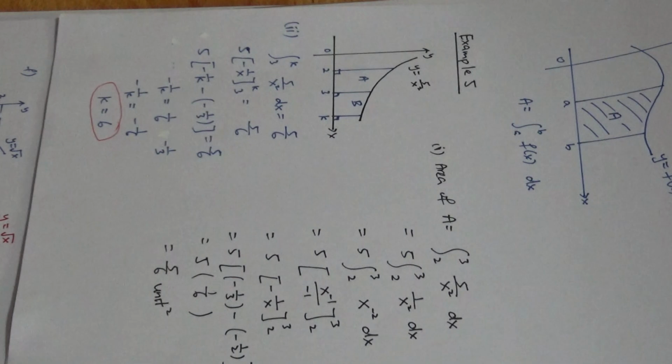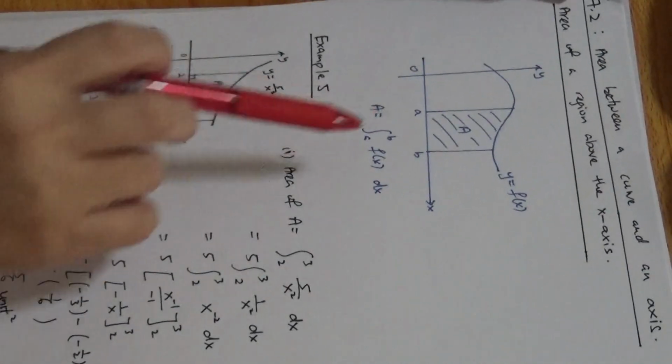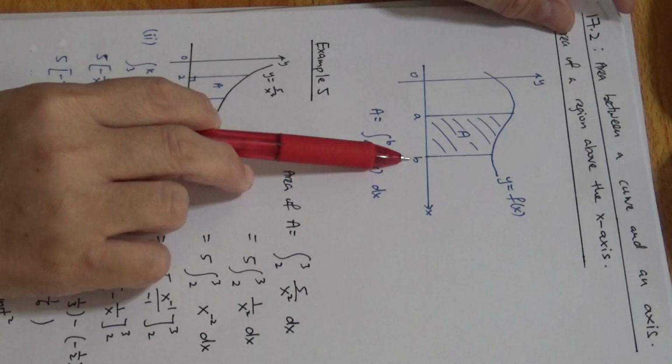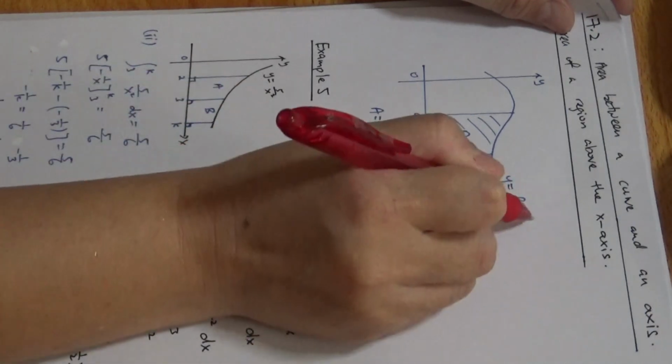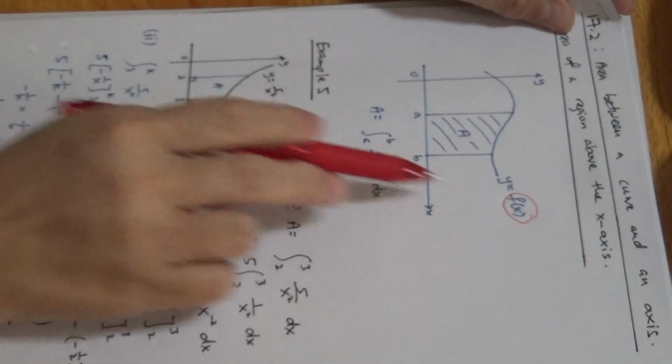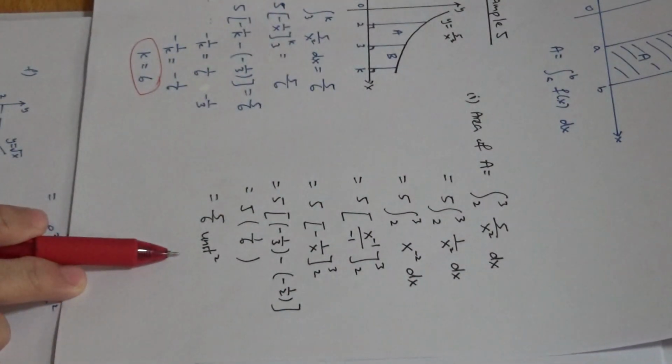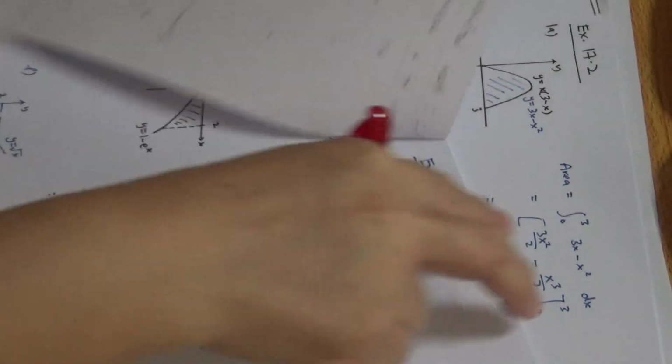Alright, so this will complete your example 5. That means if we want to find the area under the curve here from a to b, we just need to integrate this with respect to x, and then we can get the answer for the area under the curve. Okay, now next we move on.